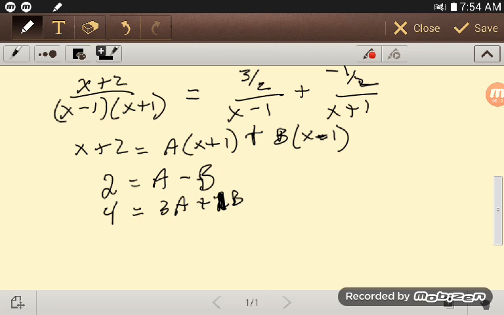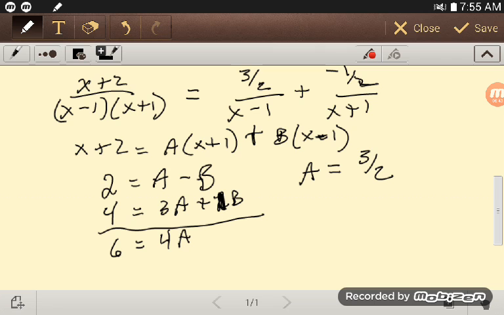So 2 minus 1 is 1, at least on Wednesdays. And so again, I can add these two equations together to get rid of the B's in this case, and so I get 6 equals 4A, which tells me A is equal to 3 halves, and then I can go up here and use the same A - B equals 2 to get B is equal to negative 1 half.